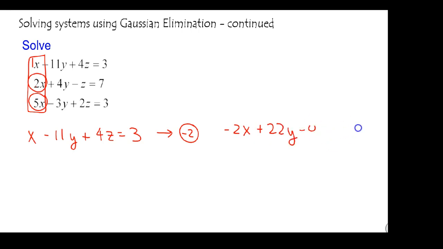So multiplying this row by -2 will give me opposite coefficients on the x's. Be so careful. Make sure that you multiply each number by the -2. And then under that, I'm going to copy down row 2. And once I add those together, I should have an equation that has a coefficient of 0 on the x.